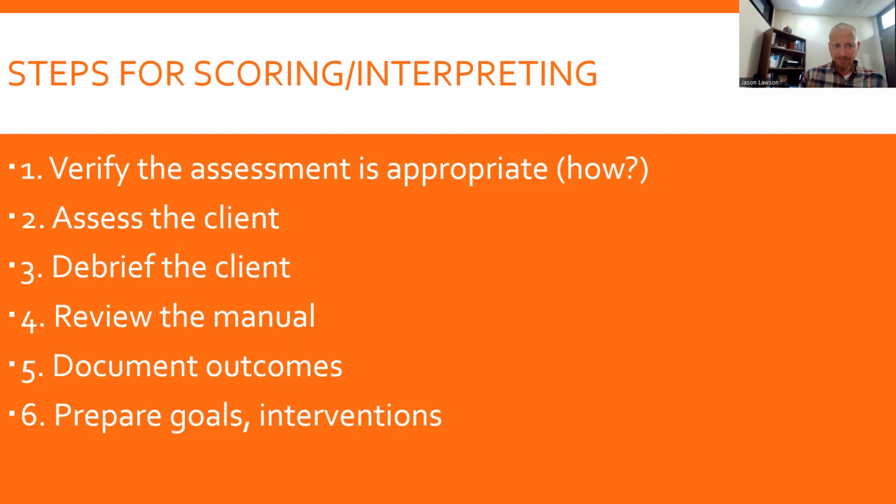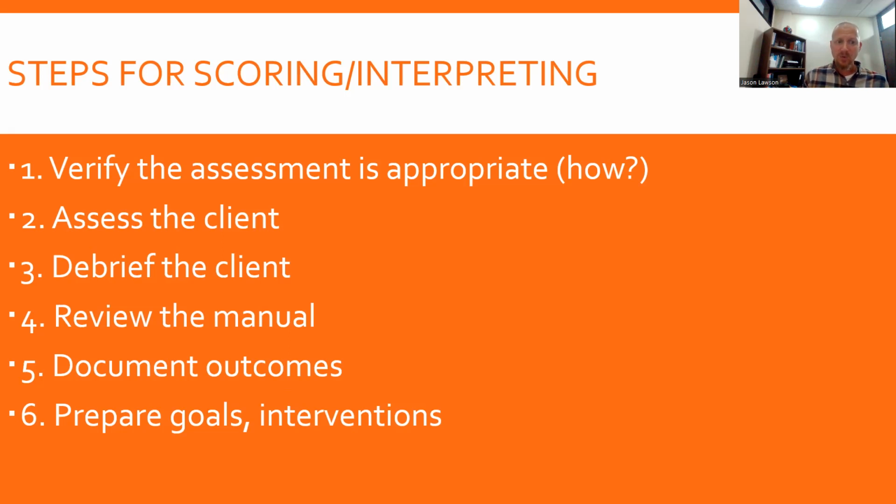When we're done with the assessment, we usually want to go through with the client and debrief with them, maybe find out from their point of view what they thought was the most challenging, and whether there was anything they did on the assessment that further explained some of the issues they were having with their occupations at home.